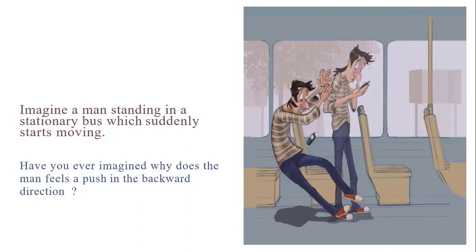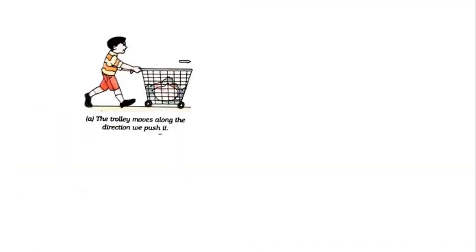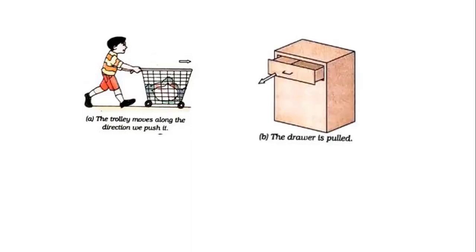So why does this happen? Not only that, in this diagram you can see that the man is applying a push to keep the trolley moving. When the trolley would stand still, to keep the body in motion, the man has to apply the push force, right? In the next diagram you can see that the drawer was initially closed and we have to apply a pull to keep it open.